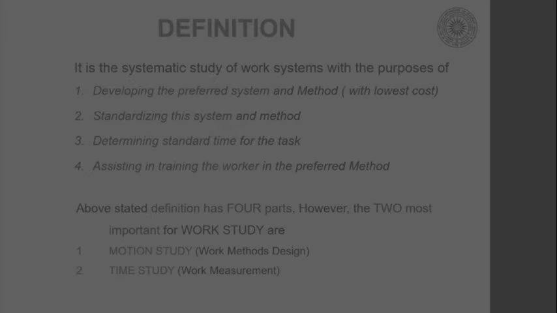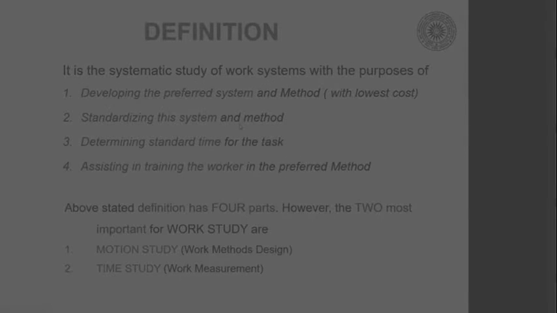A formal definition of work study: it is a systematic study of the work system with the purpose of developing a preferred system and methods, and of course, it should be at the lowest cost. Second is standardizing the system and the methods. So there should be a standard way of doing a work.